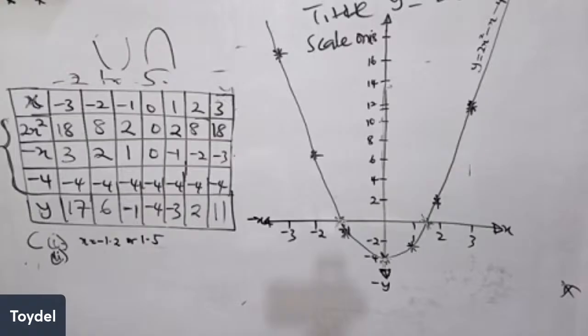They're using the scale of 2 centimeters to 1 unit on the x axis and 2 centimeters to 2 units on the y axis. Draw the graph of y is equal to x squared. Now I've got 2. We have to draw the graph of y is equal to 2x plus 3. Use your graph to find the root of the equation, then the gradient of y squared at x is equal to 2.